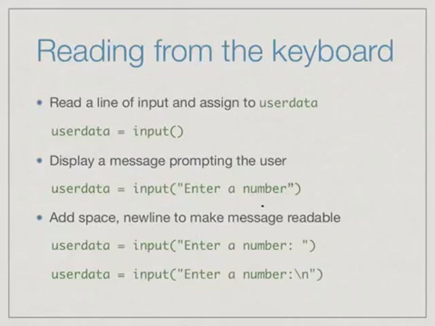Now this string is displayed as it is, so you can make appropriate adaptations to make it a little more user friendly. We will see an example in a minute, but you might want to leave a space or you might want to insert a new line. So basically you use the input command to read one line of input from the user, and you can display a message to tell the user what is expected of him.